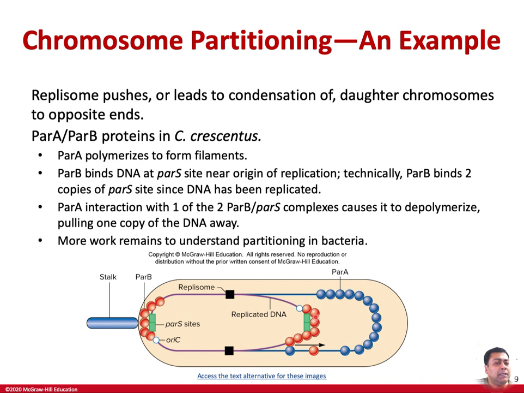But this is depolymerized as it is taken over by ParA, which is going towards the pole. Remember that ParB covered this area as well, but as it is being moved, ParA is coating this, separating this strand, and what was initially covered by ParB gets depolymerized. So this is the process of pulling the two chromosomes towards the poles of the cell.